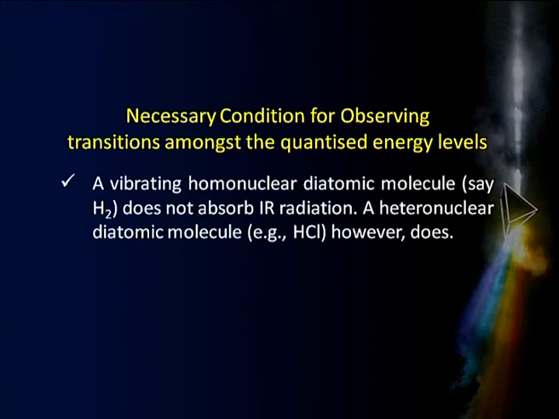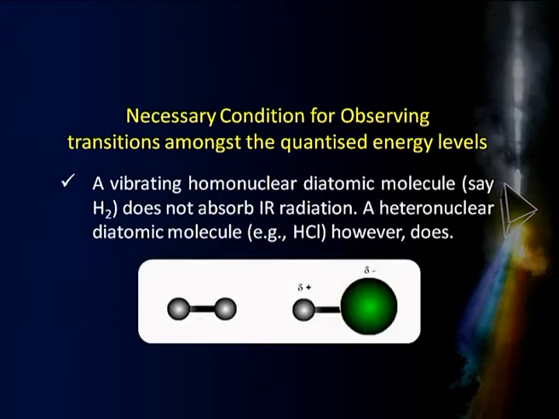Let us take the case of a homonuclear diatomic molecule, say hydrogen. We find that hydrogen does not absorb IR radiation. On the other hand, a heteronuclear diatomic molecule like HCl does. Let us see the reason for that. The hydrogen molecule is non-polar, so if it vibrates, that means if the bond expands or contracts, in no case does it generate any dipole moment.